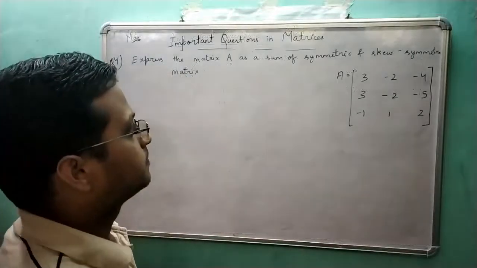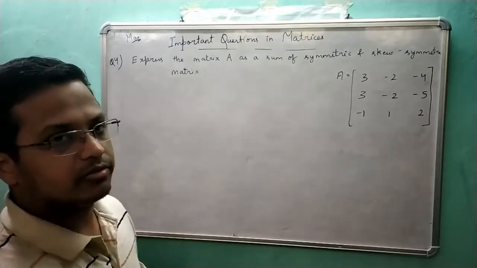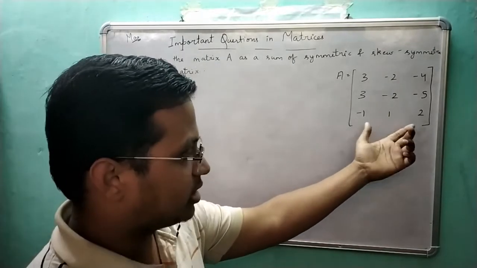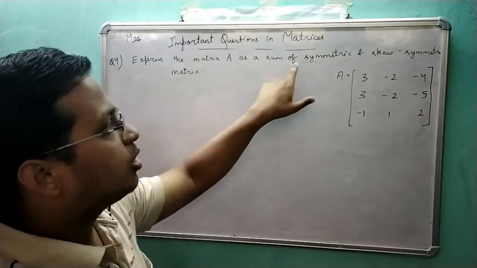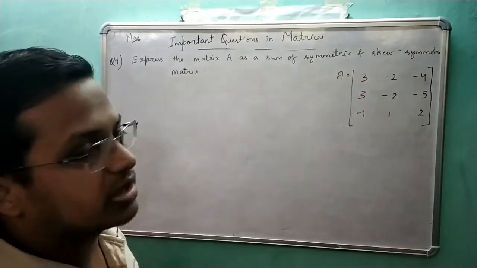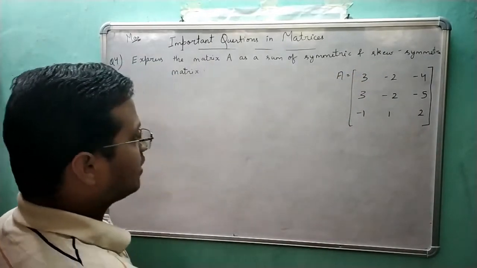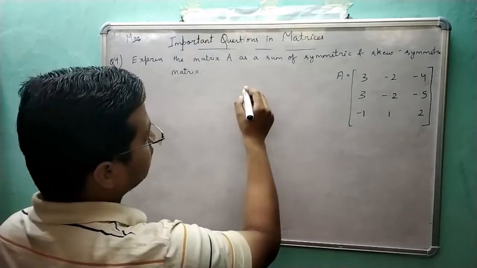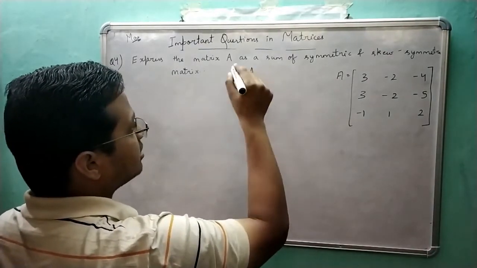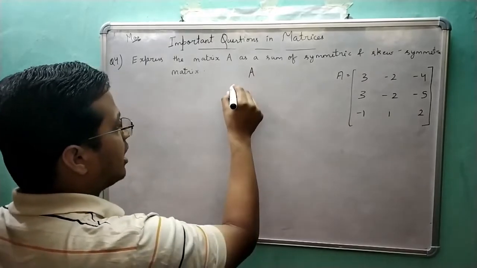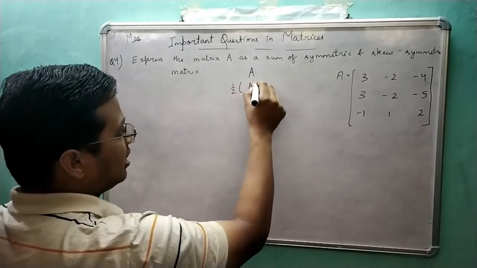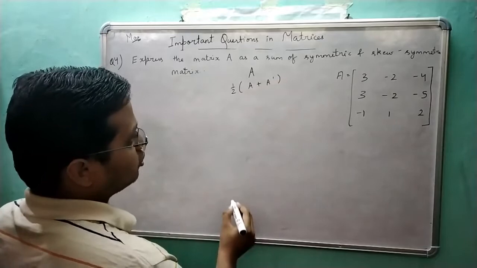Okay. In the next question, we have to express the given matrix A as a sum of a symmetric and a skew symmetric matrix. This is a very important question. So if a matrix A is given to us, we have to find half of (A plus A transpose).